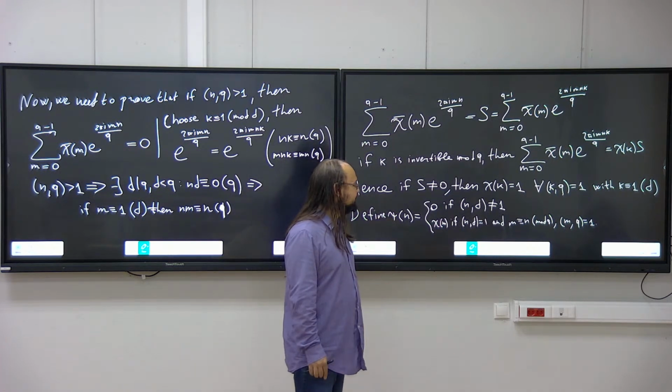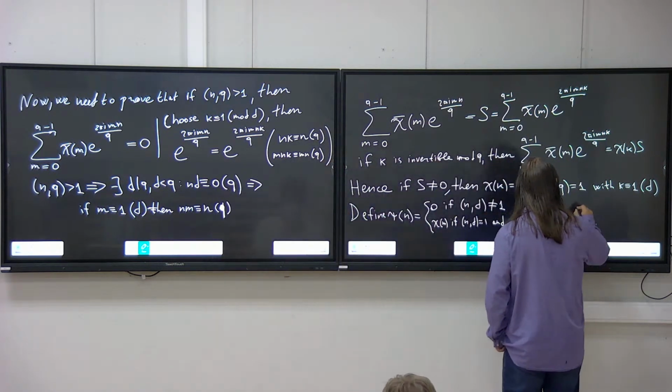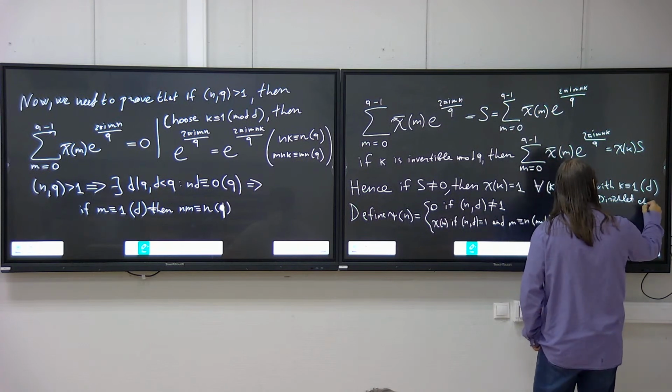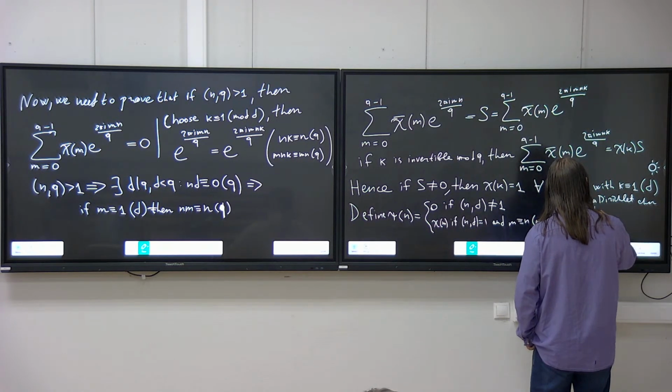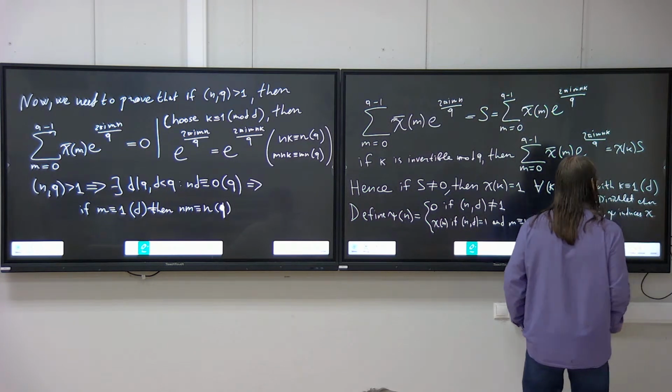So this function will be a Dirichlet character modulo d. Psi is a Dirichlet character modulo d, and psi induces chi by definition.